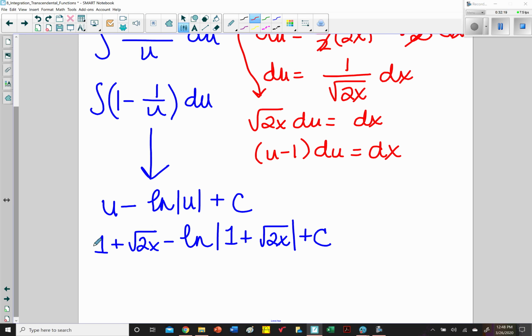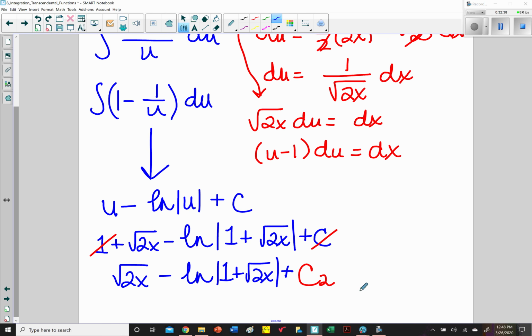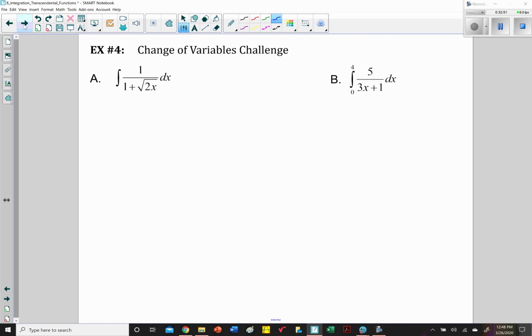I guess if you wanted to, you can add this constant, and we'll say we have a different constant, c sub 2, with radical 2x minus natural log 1 plus radical 2x plus a different constant. So c sub 2 is 1 plus the first constant, right? That was a real challenge. Let's see how this next one goes. Hopefully it's not as bad. That one was hard.